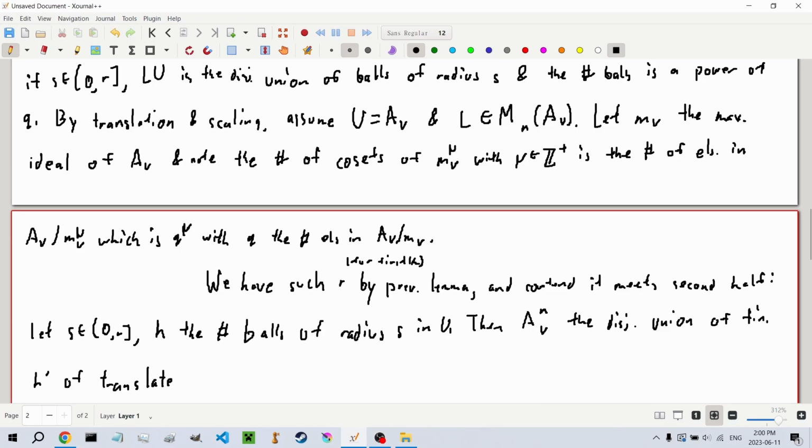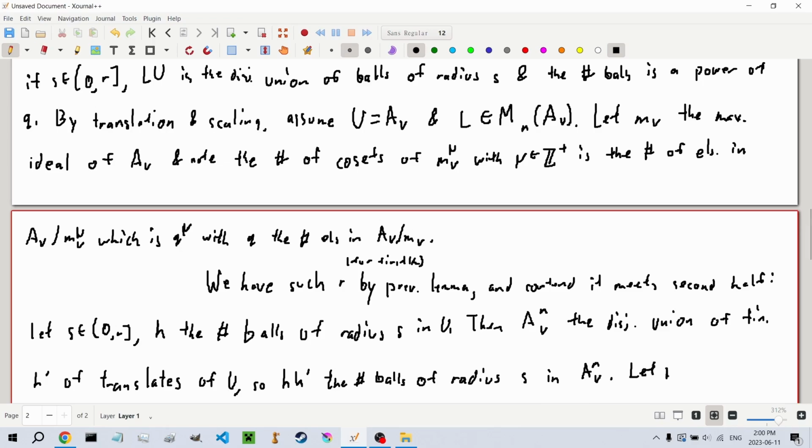Translates is not a word people use. Translates of U. So the number of balls radius s in U times the number of translates is the number of balls of radius s in A nu to the n.